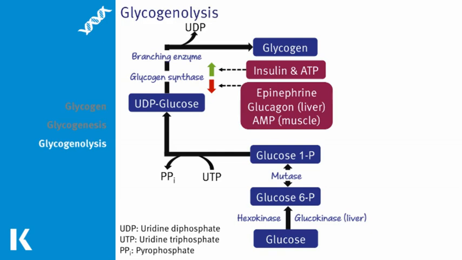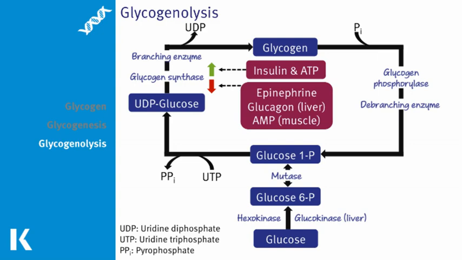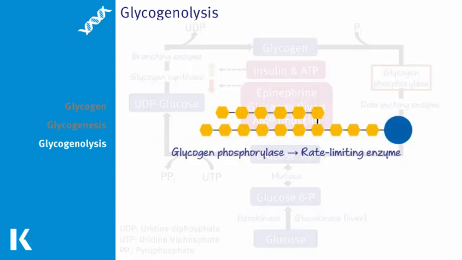Starting with glycogen, stored either in liver or muscle cells, a series of enzymes convert it back to glucose 1-phosphate, which is then just a rearrangement and a dephosphorylation event away from glucose. Similar to glycogen synthase in glycogenesis, glycogen phosphorylase serves as the rate-limiting step in glycogenolysis.